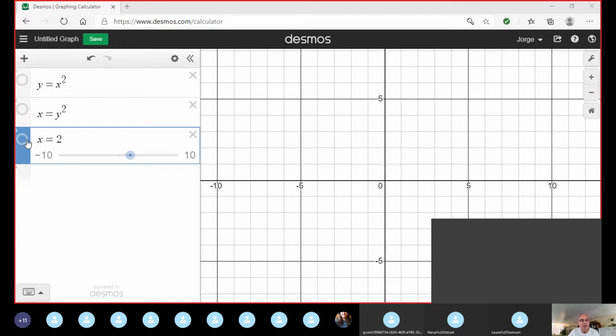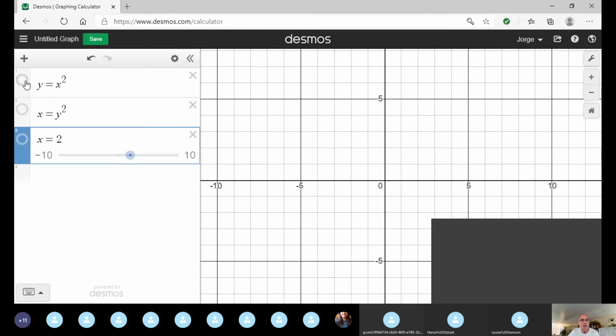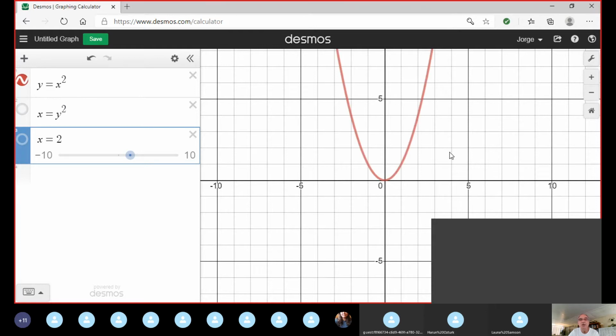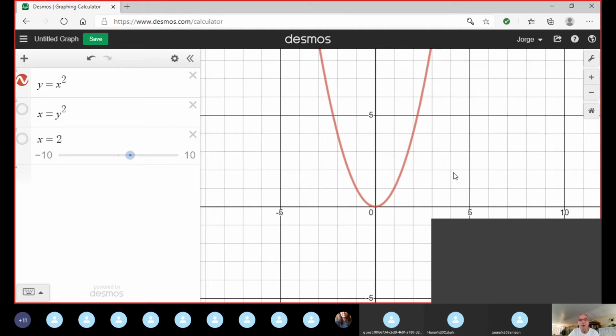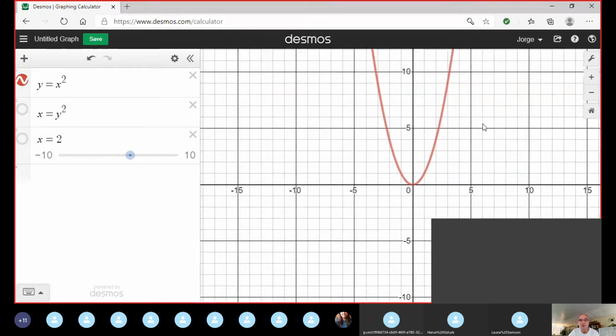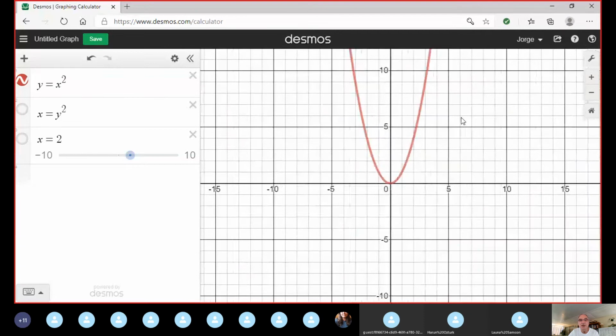On the left part, I put the first one, y equals x squared. I do the graph. Look at that. It's a parabola that, by the way, opens up. This is infinity. You zoom, and you indicate this on the piece of paper. You put the arrow. And when you apply the vertical line test, pass or fail?